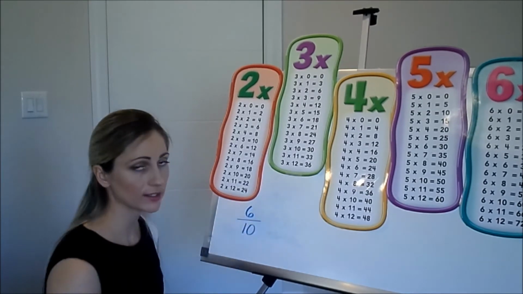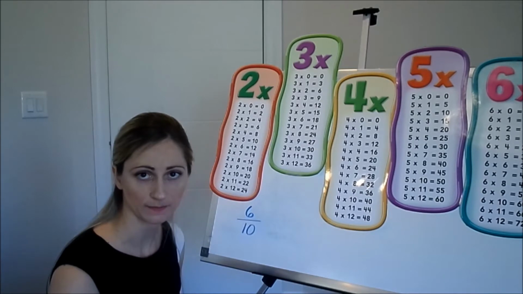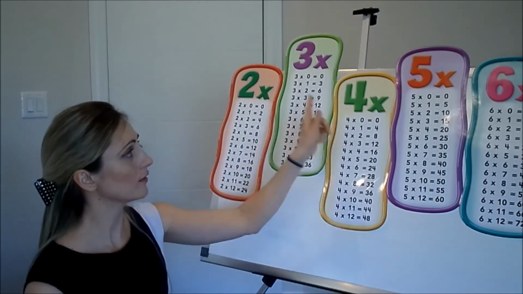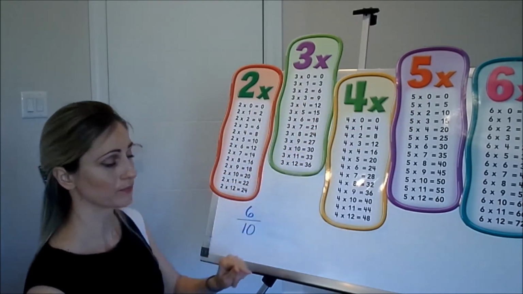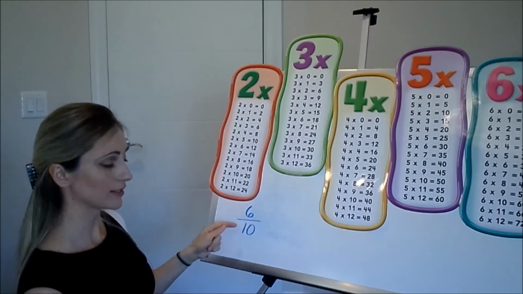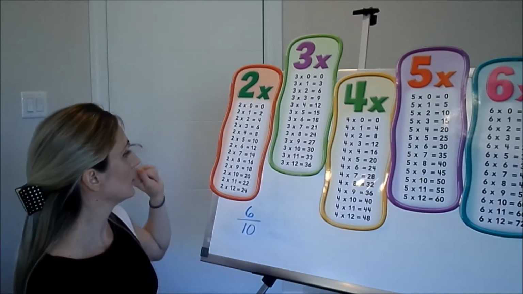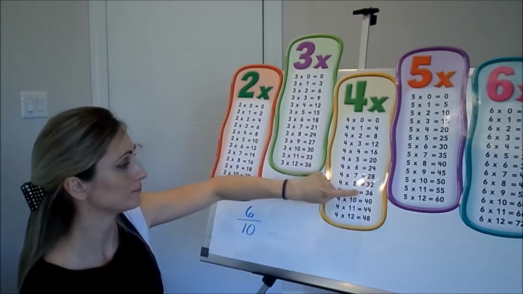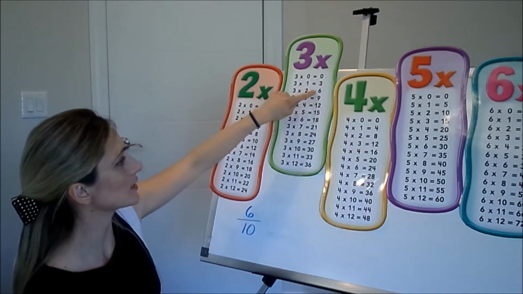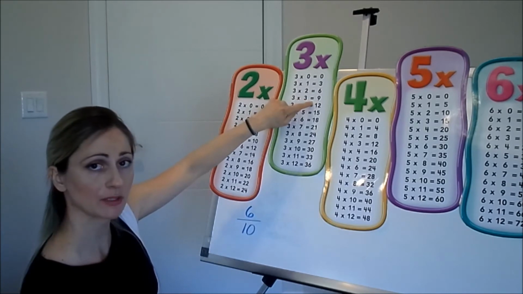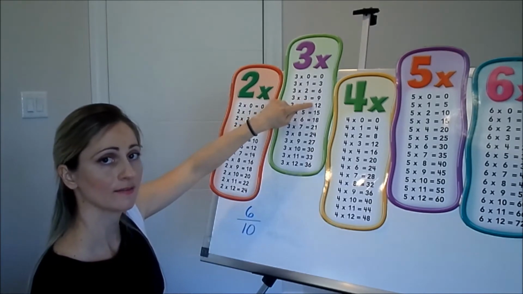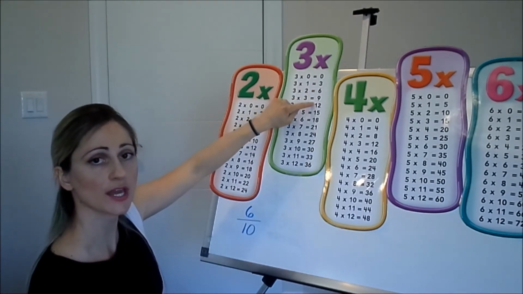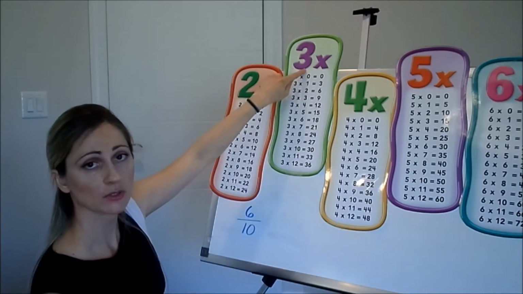6/10. What can you divide 6/10 by? What of these trains can divide 6 and 10 evenly? Will you see a 6 and a 10 on the 4 multiplication? Nope. Will you see a 6 and a 10 on the 3 multiplication? No. You'll see a 6, but there is no 10 as a multiple of 3.